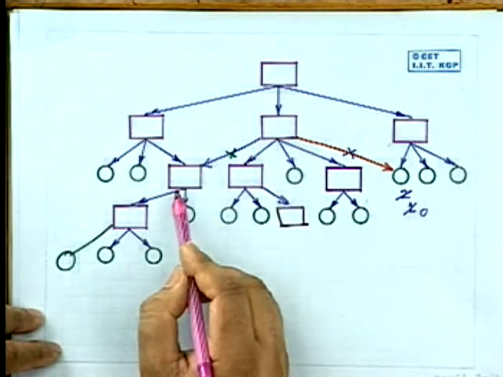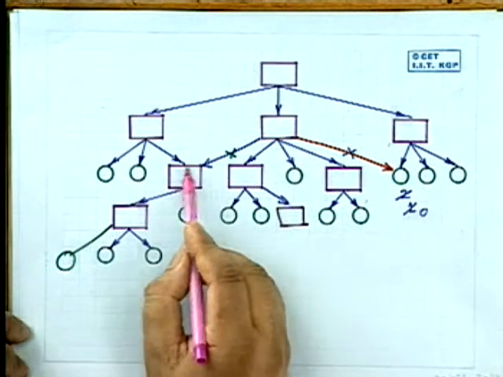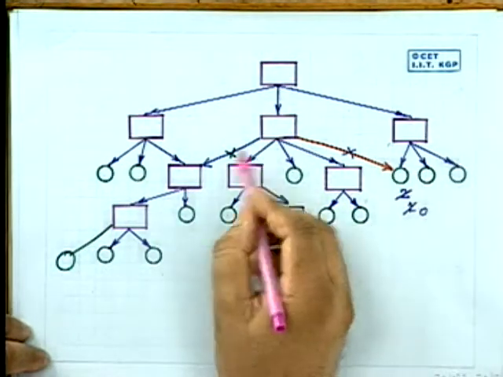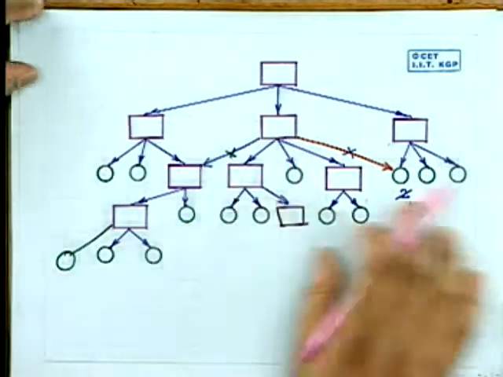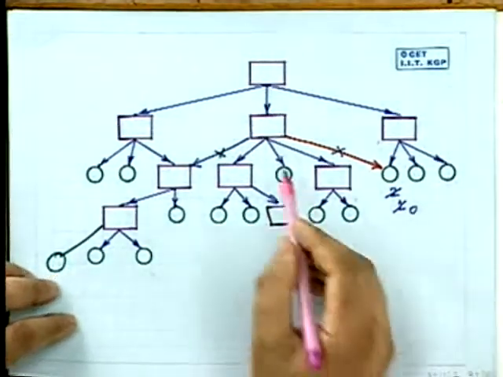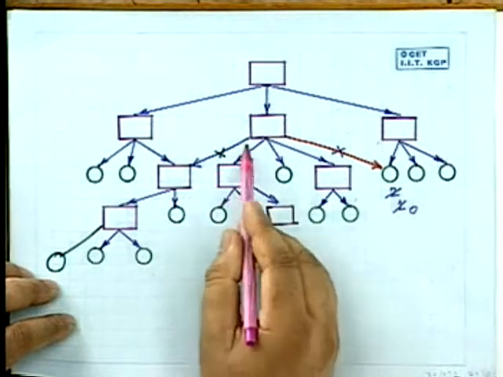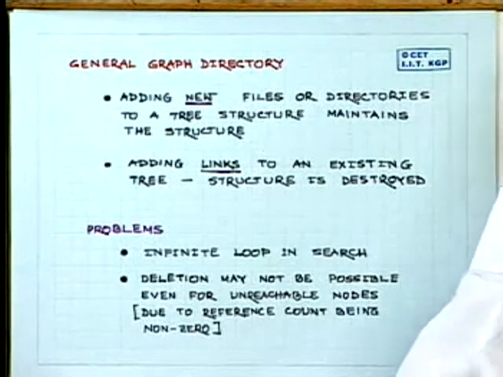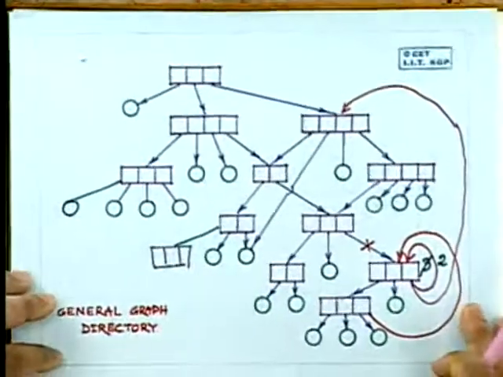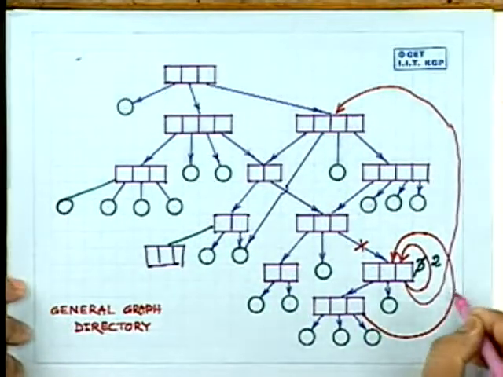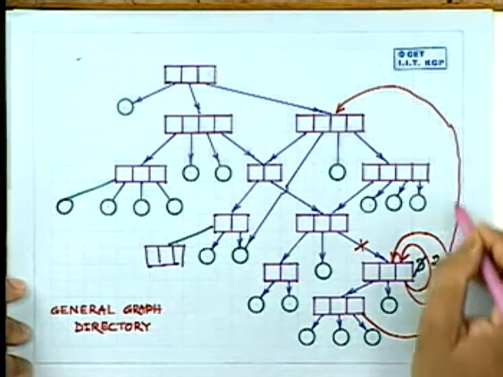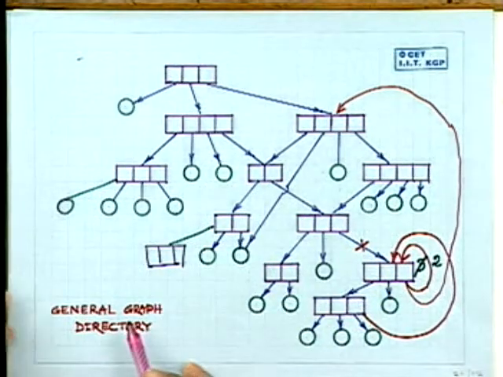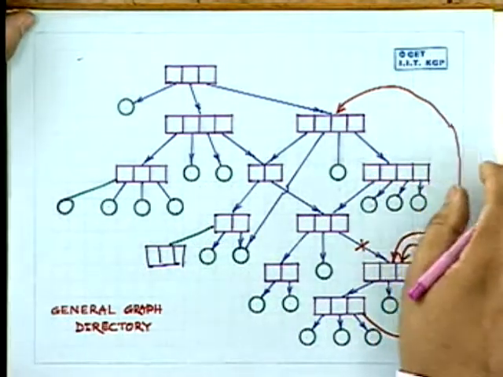Originally, this subtree, the subdirectory was there, this file was there, we are simply adding it, and therefore the tree structure is destroyed. And here it turns out to be an acyclic graph structure, and it may further destroy the acyclic nature if the link that I add may create a cycle. Therefore, the acyclic nature of the graph may also be destroyed.